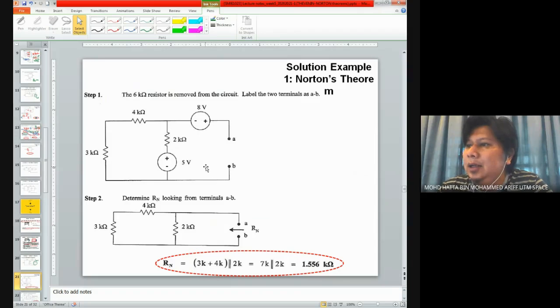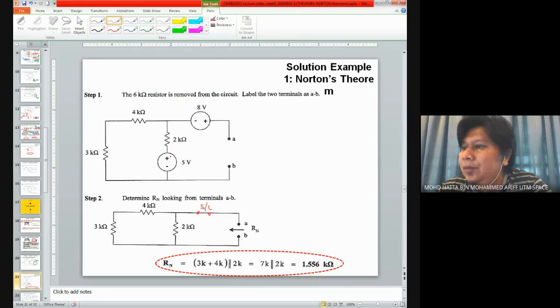And to find Rn, what you need to do is you try to set up all sources equal to 0. In this case, we have two voltage sources. So here voltage source, the first one, 8 volts, basically in short circuit over here.